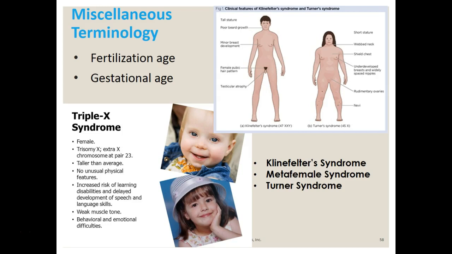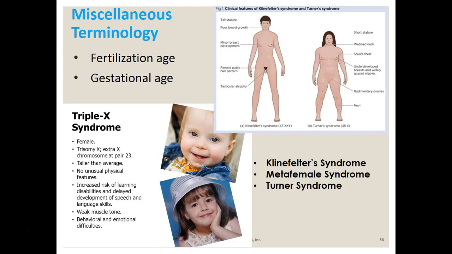In some cases, though, the female appears very much normal, but does have developmental characteristics. They may be taller than average, with disabilities with speech and language, weak muscle tone, and often behavioral and emotional difficulties.